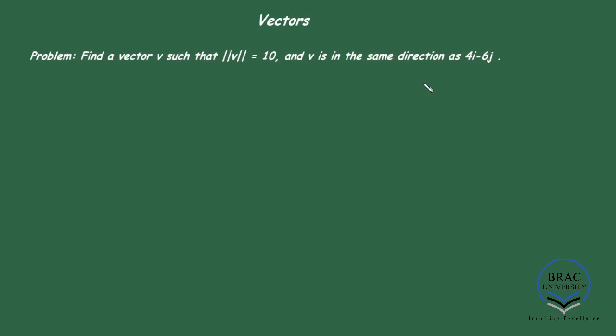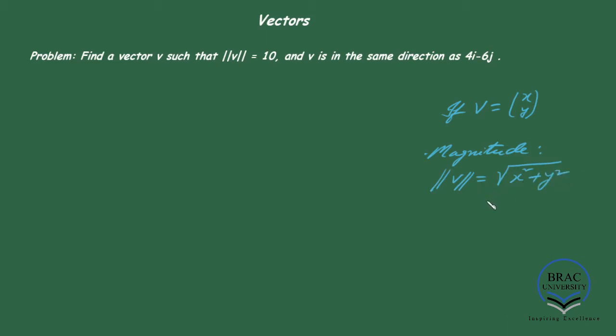But before we get into that, it's important that I remind you of some of the key ideas that we'll be using here. If v is a vector which has components x and y, then the magnitude of the vector v can be written as the square root of x squared plus y squared.